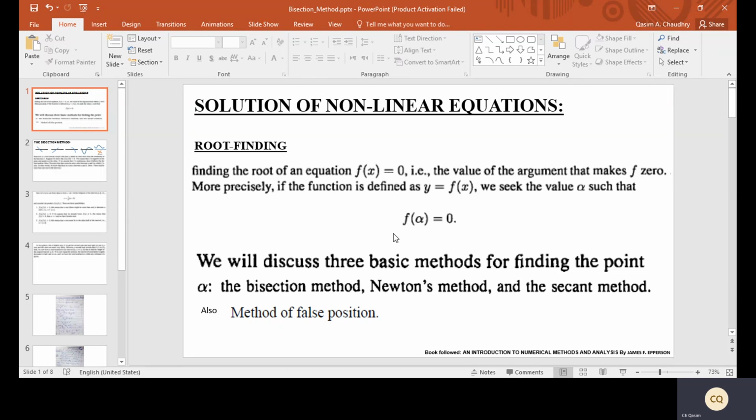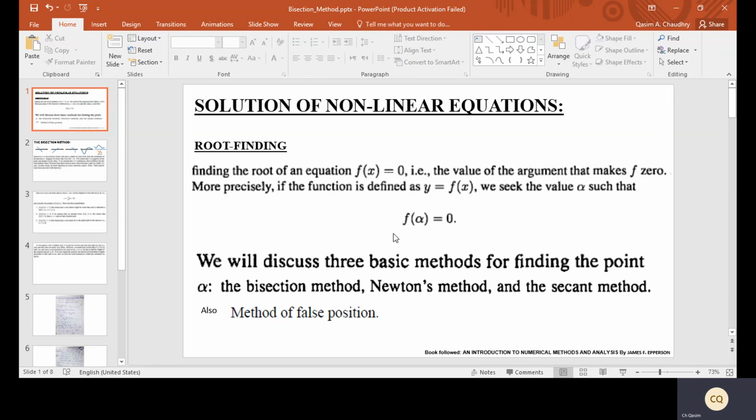Now, this is the first main section of your course, and it talks about the solution of nonlinear equations. Here we will mainly discuss four methods. The first one is the bisection method, and then we will talk about Newton's method, the secant method, and the method of false position.